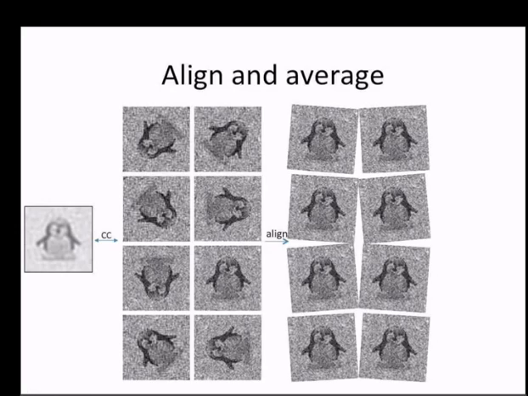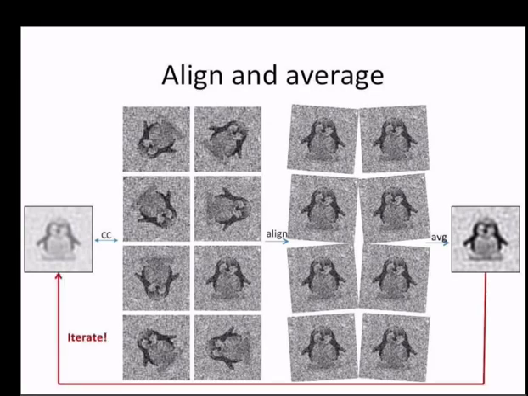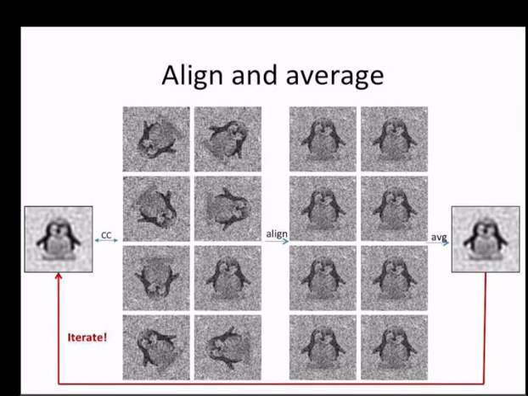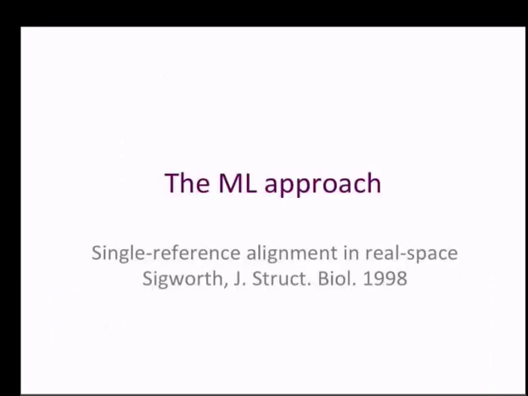So if you average over the now more or less aligned particles, we'll get a better impression of our underlying penguin image. That makes it clear this process becomes iterative, because if we use that improved penguin as a new reference, then the assigned angles will be better. And at some point they will become perfect, so we can calculate the best possible estimate for the penguin image.